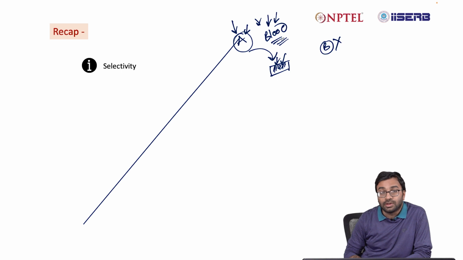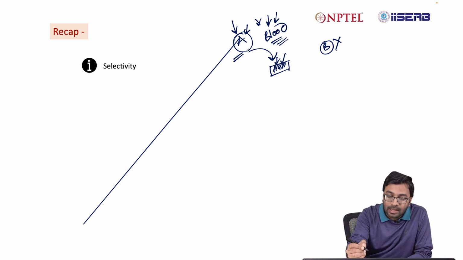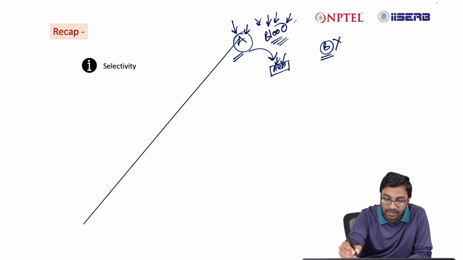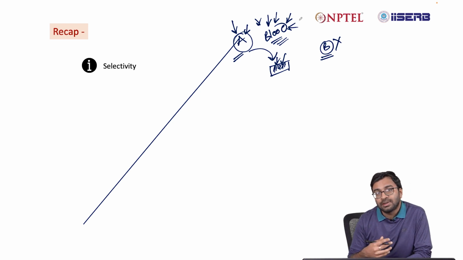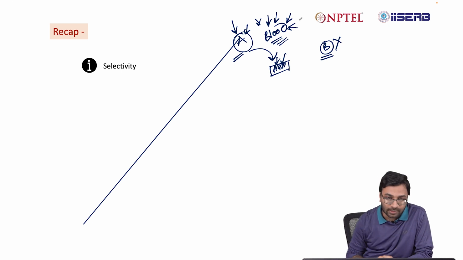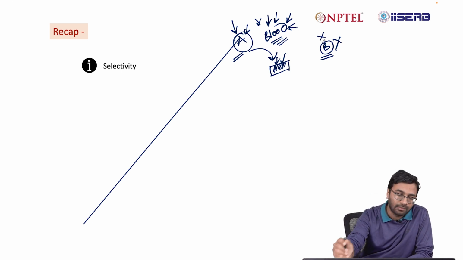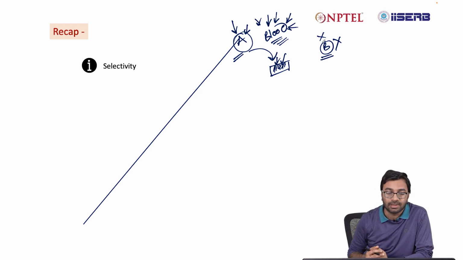I repeat, just to avoid confusion, if your sensor is very selective to material A and also to some extent reactive to material B, but material B is not present in your sample, then you can use the sensor for your application. However, our target, as I have said, is to utilize a chemical reaction which is very specific to A only. There should not be any other interference. But this is something that I wanted to mention, that's why I am saying.